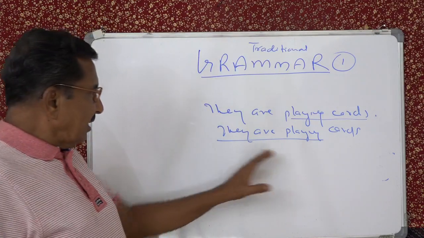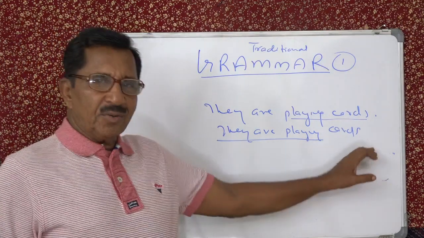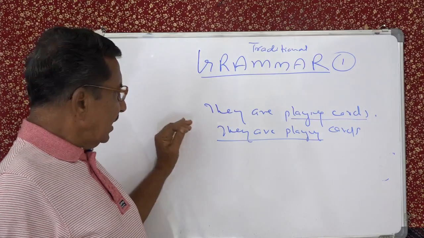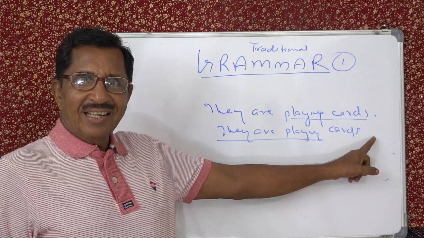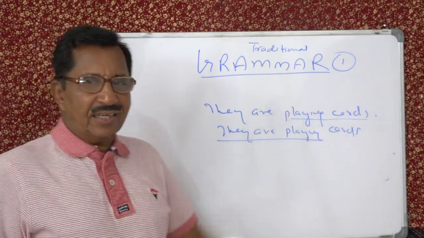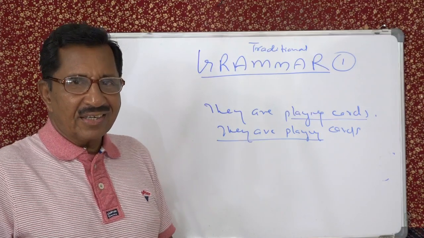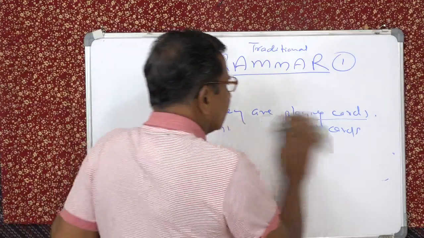So here, what is the description? They, subject; are playing, verb; cards, object. When you say they are playing cards, what does that mean? That is a complement. That is, they are completing this sentence. See how different the sentence meaning changes if you don't know. So grammar does this.